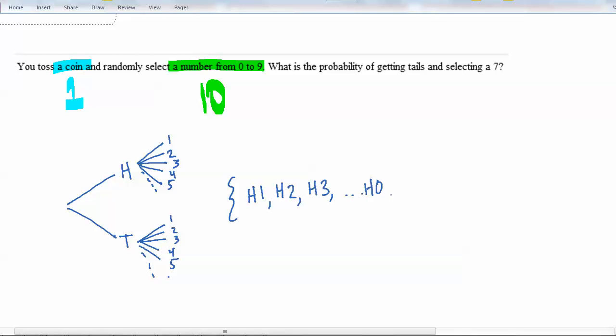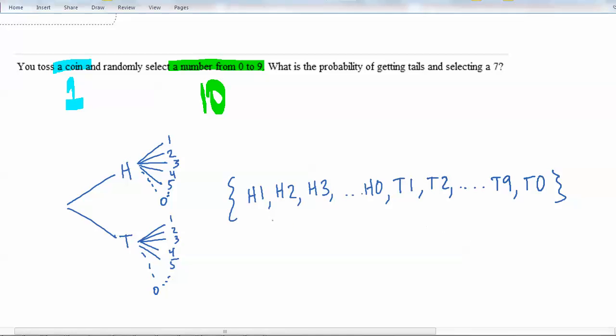I'll put the 0 at the end then. So typically you start with 0 here, but I'm going to have 0 down here at the last possibility. So I exhausted all the ones for when I flipped a heads, and then I could flip tails and land on a 1, tails land on a 2, and so on. Tails land on a 9, tails land on 0.